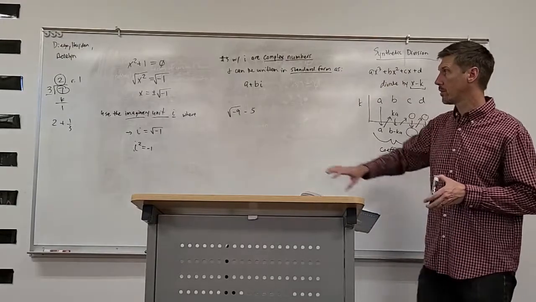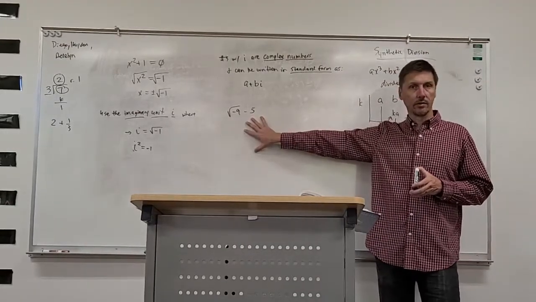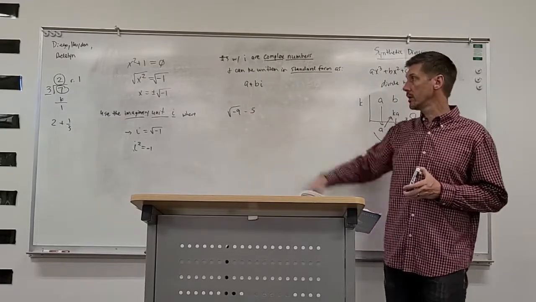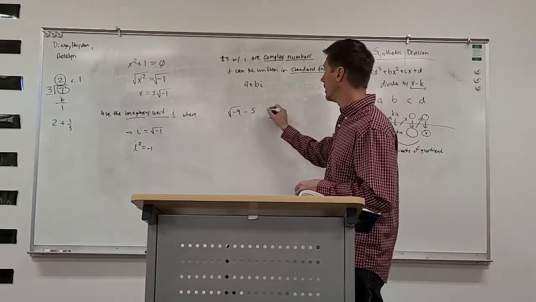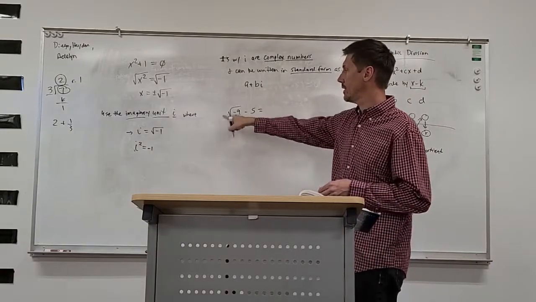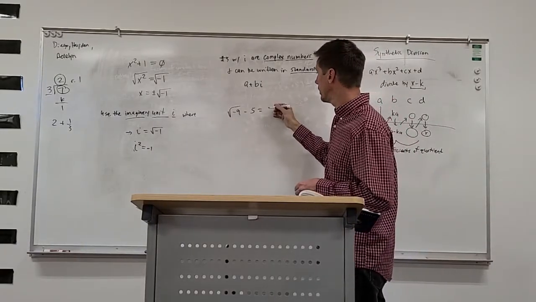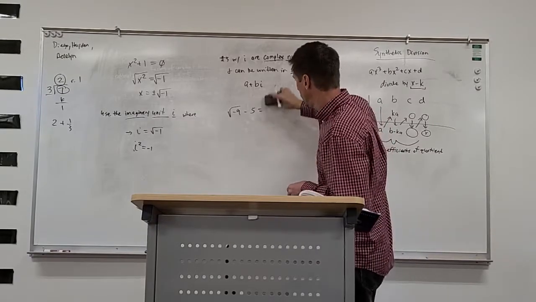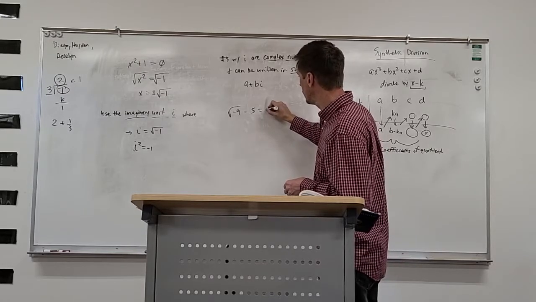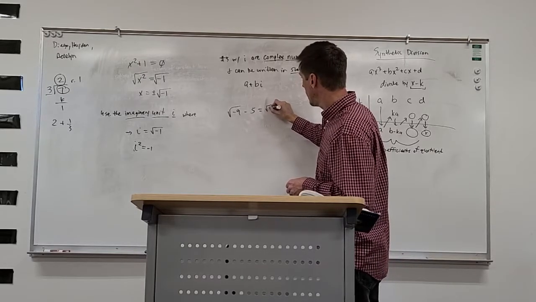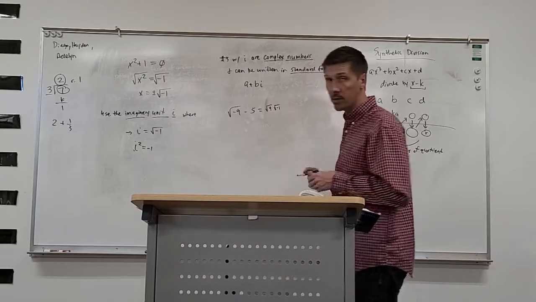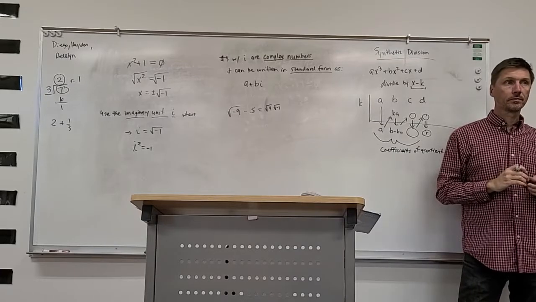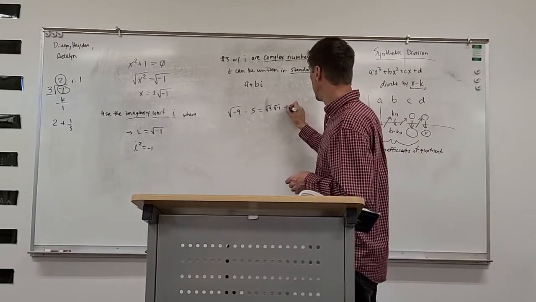If I have a number like this and I want you to write that complex number in standard form, you would bring the 9 out, and the square root of 9 is 3. You could think of the first term as the square root of 9 times the square root of negative 1, minus 5.